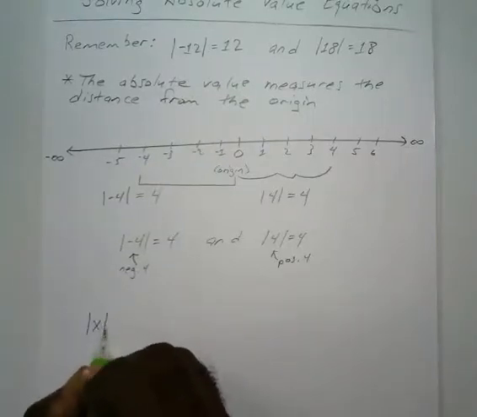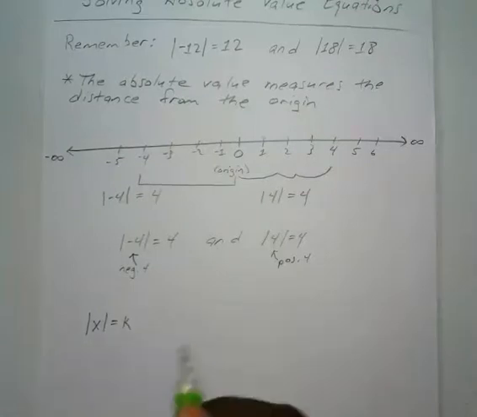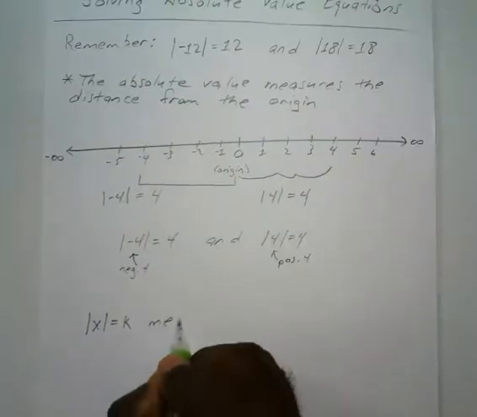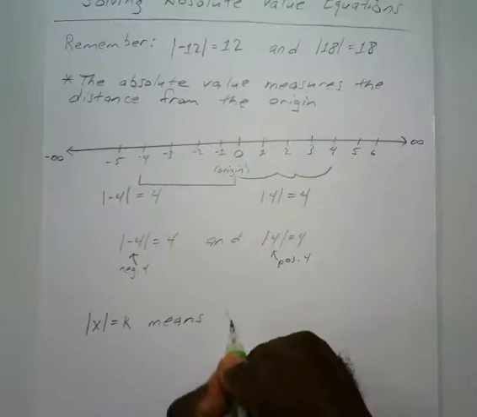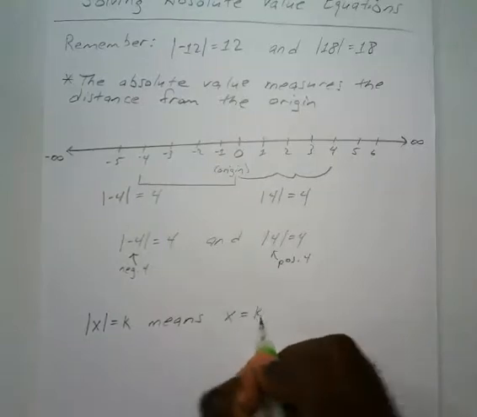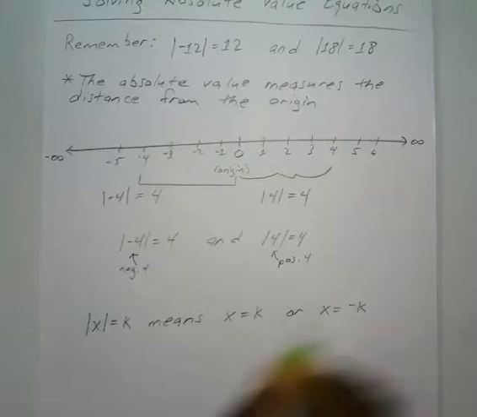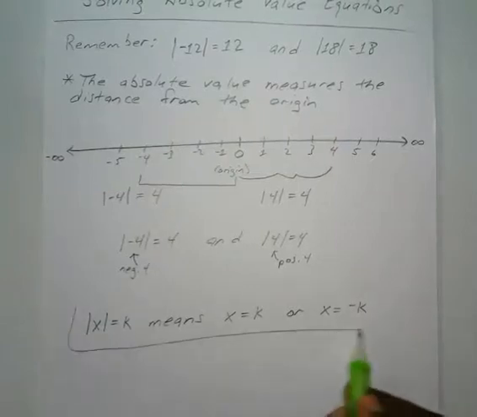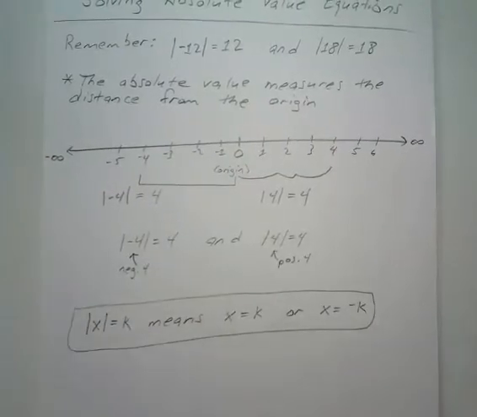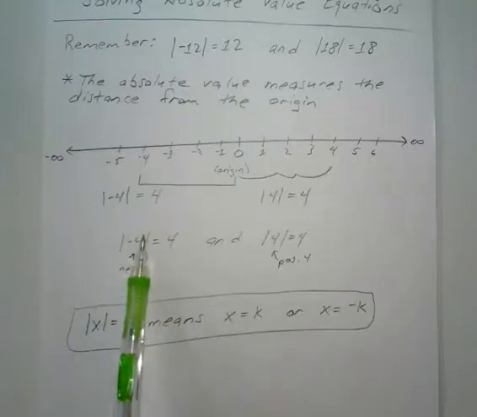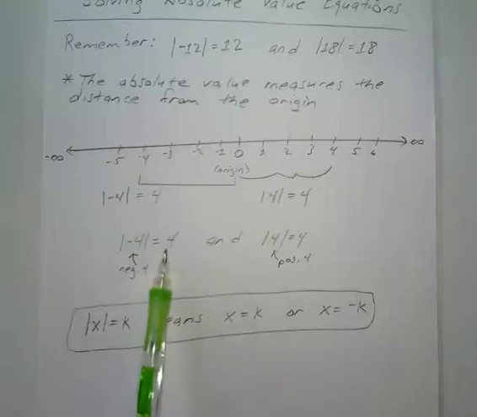The absolute value of x equals k means that x can equal k or x can equal negative k. So the value inside the absolute value bars can be either positive 4 or negative 4, and it'll give us the same value.